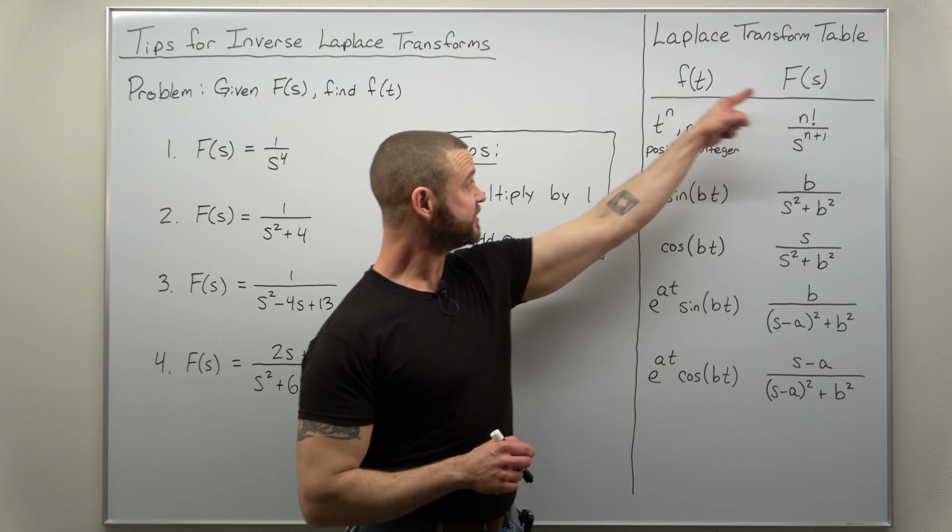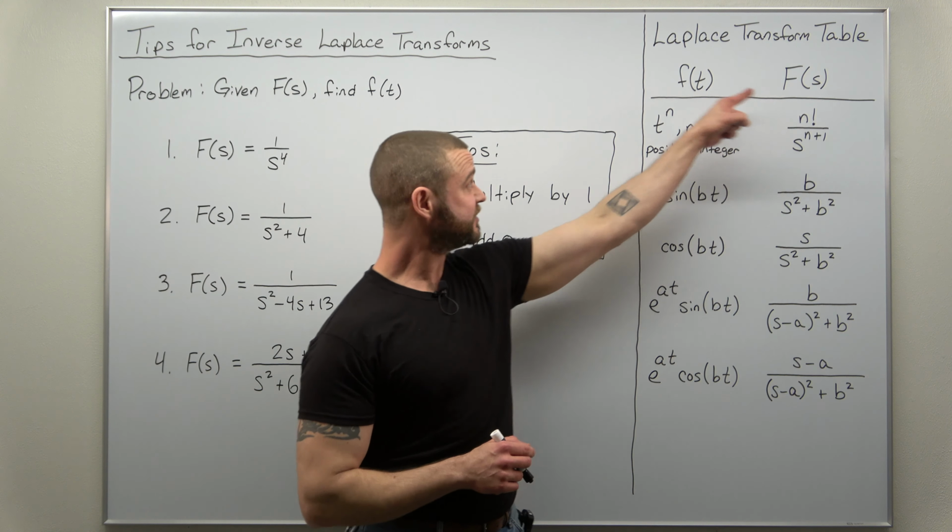So let's get to the first two and illustrate how we multiply by 1. The first two problems here are very straightforward. Whenever you start calculating inverse Laplace transforms, you want to start by looking at the denominators. In our first example, the denominator contains only a power of s, and that's very easy to match to the first Laplace transform pair, this f of s.